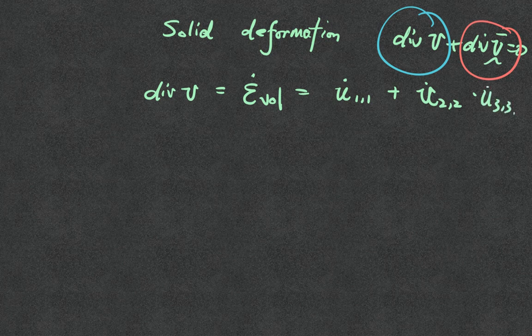Do you know what I'm writing? 1, 2, 3. So I can rewrite it in another way. This is the second derivative of u with respect to x1 squared. So far so good? So the dot is time?